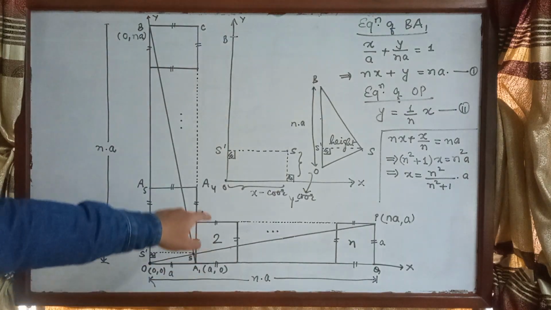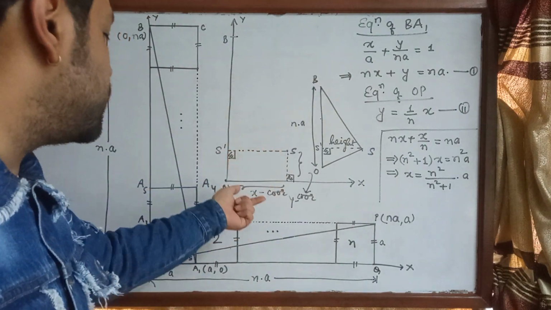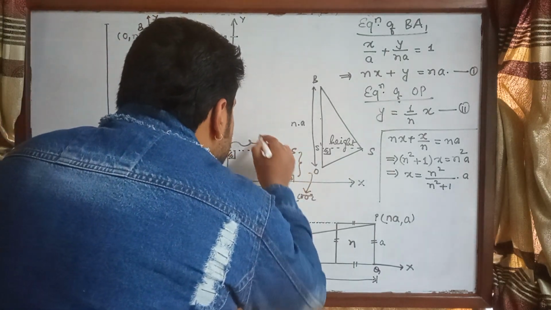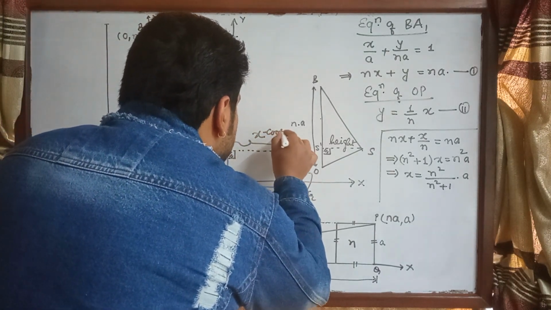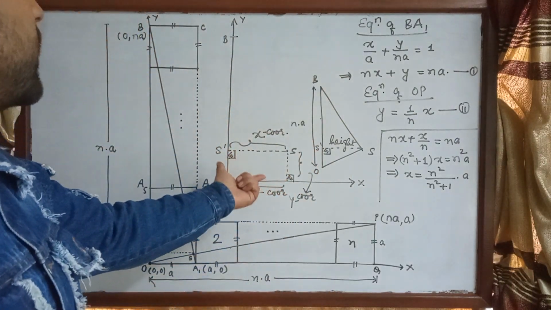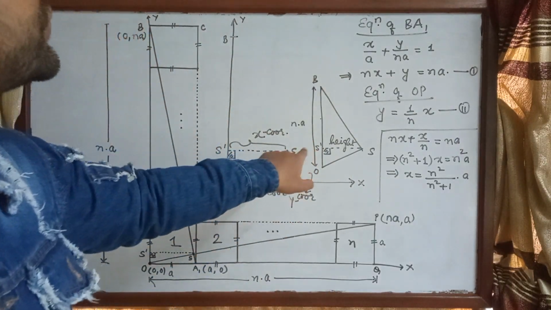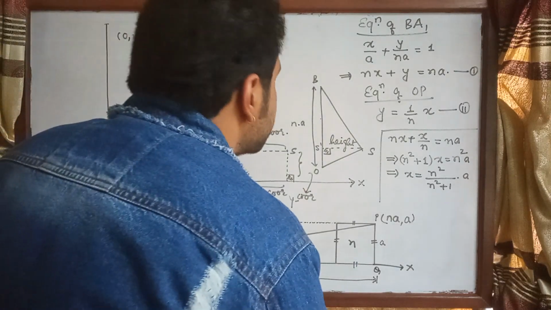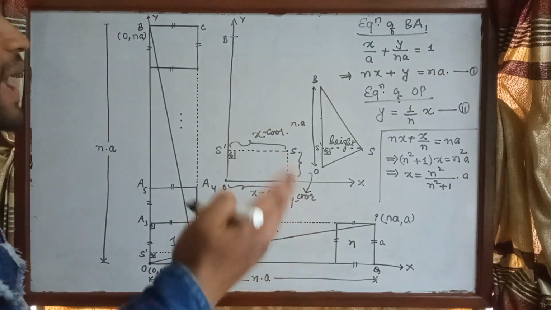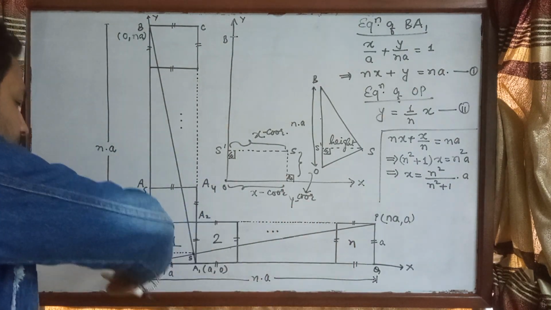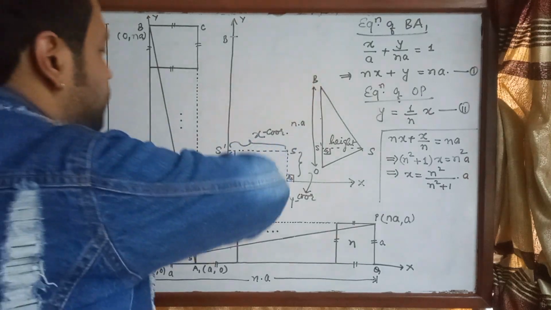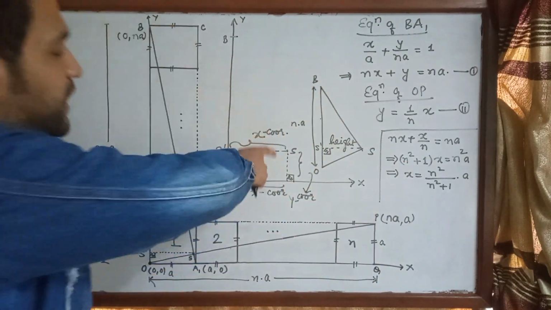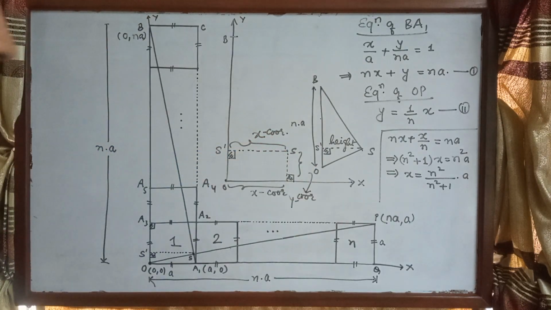Since this is a rectangle, this length SS dash is actually the x coordinate of the point S. In fact it's the absolute value of the x coordinate, but we are only dealing with the first quadrant, so we can take the length and the coordinate to be identical.